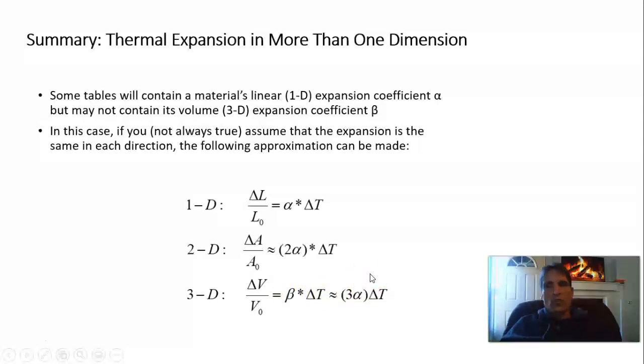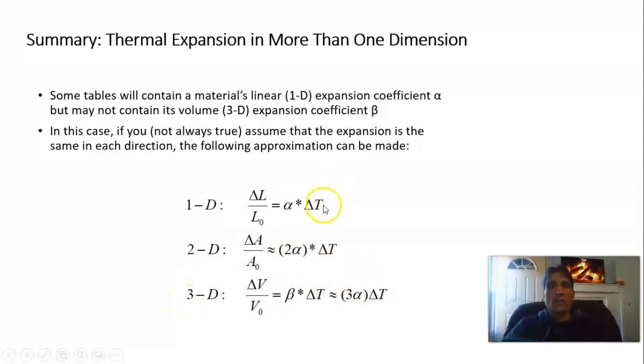So when is this useful? Well, sometimes with materials, you'll be given alpha, the expansion coefficient for length in 1 dimension, but you may not be given it for 2 dimensions or for 3 dimensions. Well, we can just multiply the value in 1 dimension by 2 if we want to calculate the fractional change in area, and we can multiply this alpha by 3 to get a pretty close value to the true volume expansion coefficient in 3 dimensions.